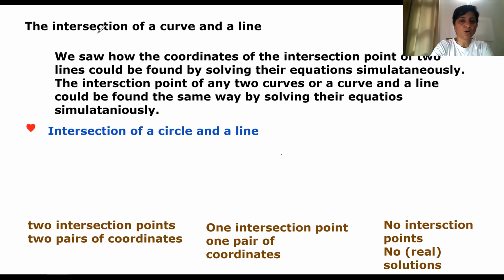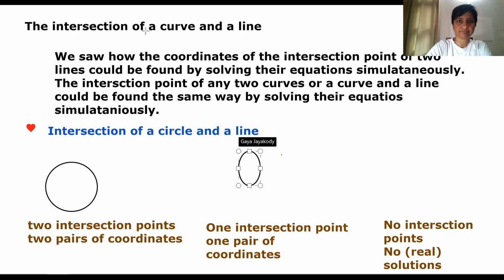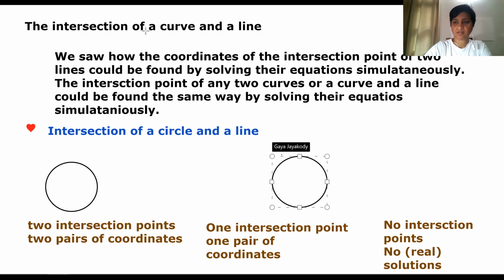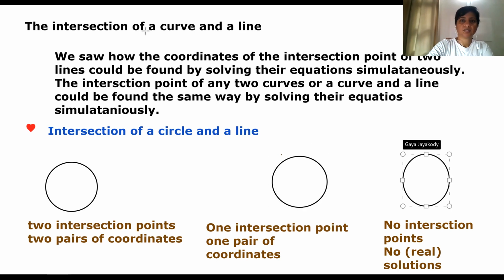So one case of how a circle and a line can intersect is, say you have your circle like that. So we draw 2 circles, and another circle. And let me take a different color.